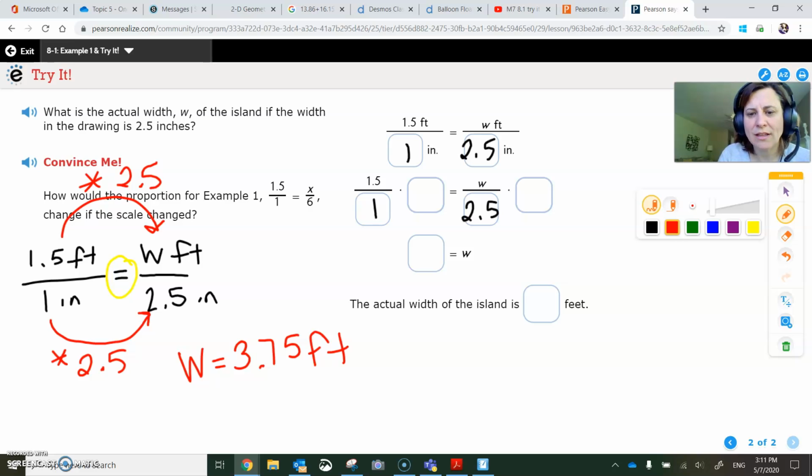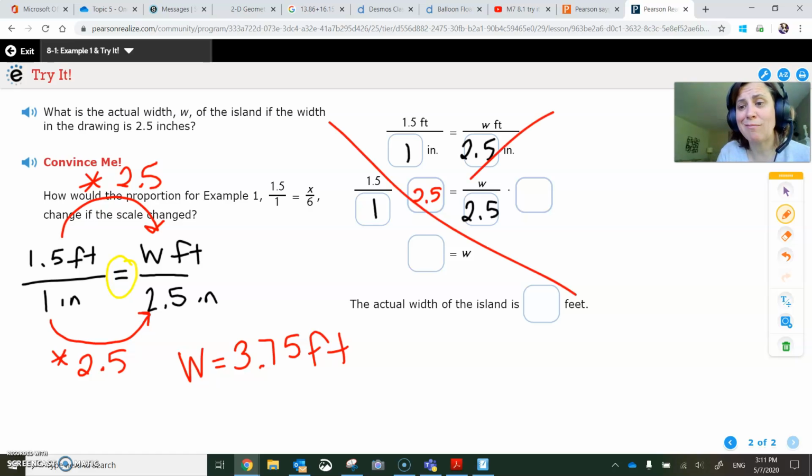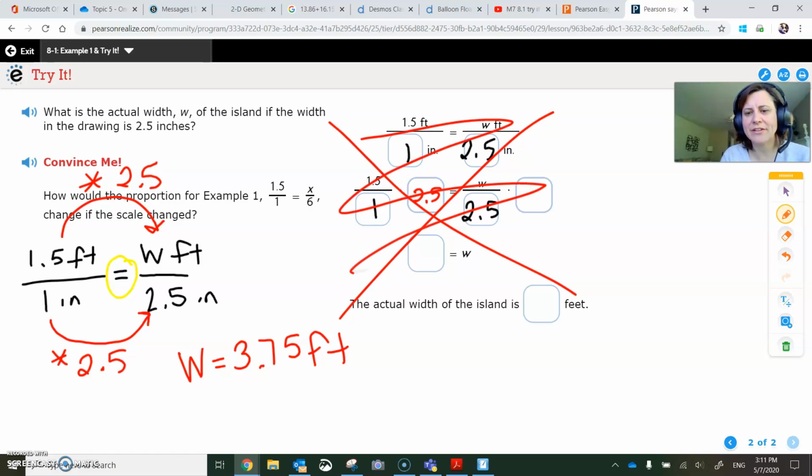You're just showing that we're multiplying everything by 2.5. 1 times 2.5 is 2.5. 1.5 times 2.5. No, that's not right. Yeah, I still don't like these. Anyway, don't worry about how they're setting it up here. It's just too confusing. Do it the way that we learned it in class, and then you won't have to remember something new.